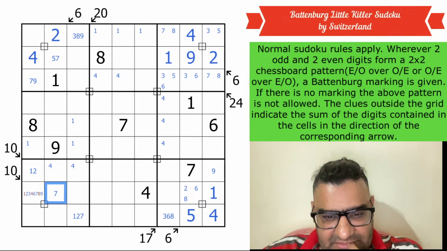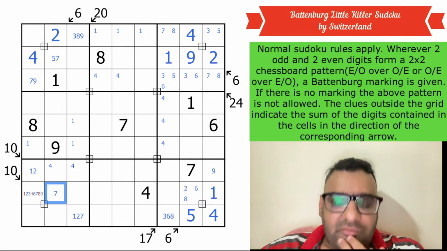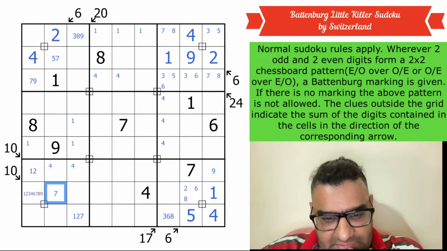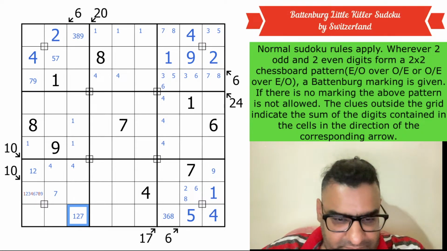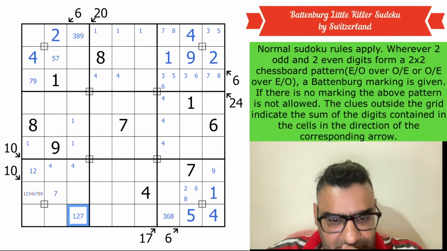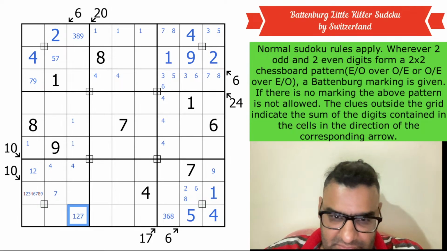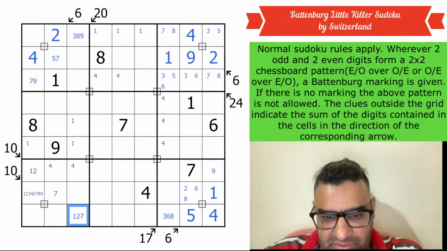Why is this not 7? Oh, I'm confused. 7 and 3 are 10. So these are 10. 7, 2, and 1. Can 7 be here?